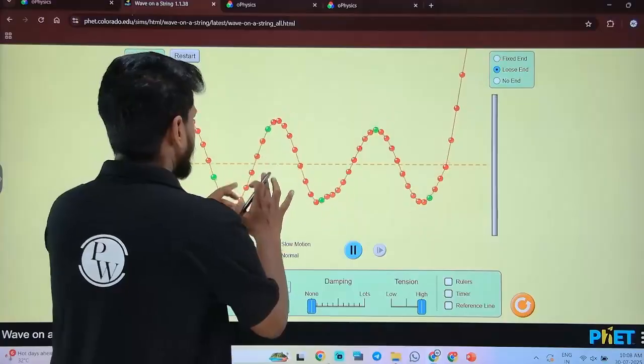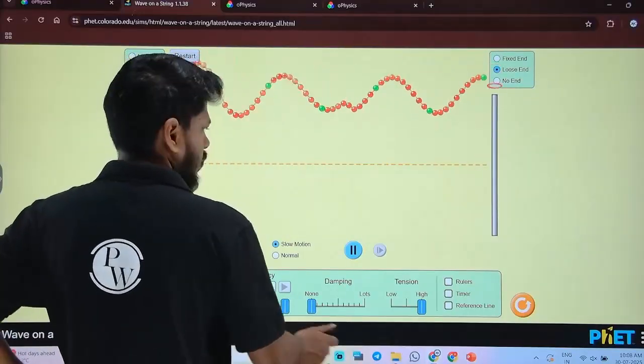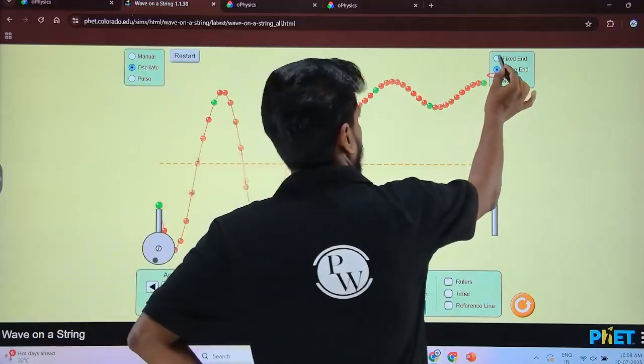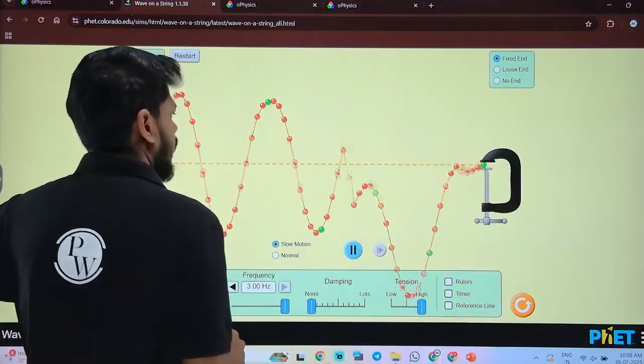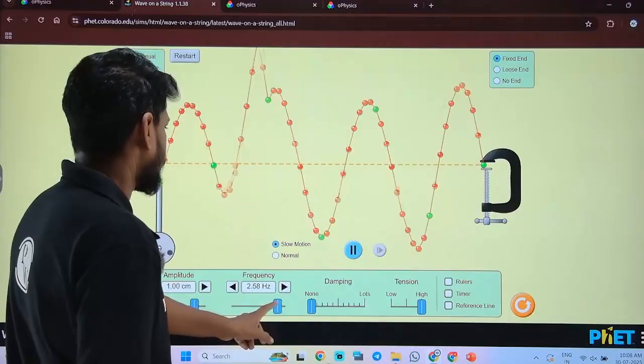Even in this, if I see, actually, let me have a fixed end. And the frequency I am going to reduce a little bit.